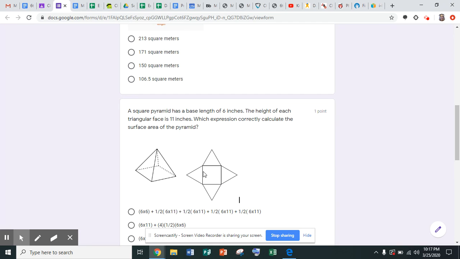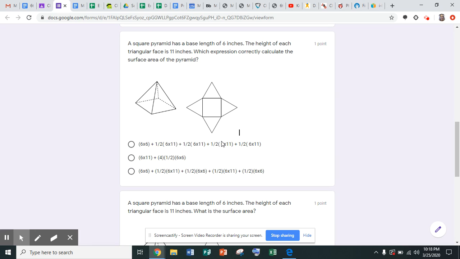Now remember, for a square, you just do length times width, and all 4 sides are the same length. If one of the lengths is 6, then all 4 sides are going to be 6. Then the triangle has a base of 6 and a height of 11. Now remember, the area for a triangle is 1/2 times the base times the height.